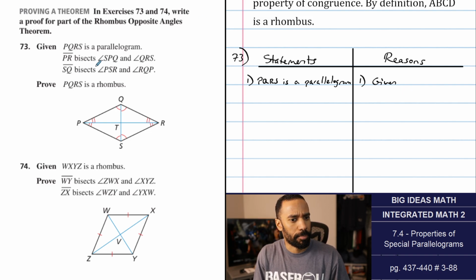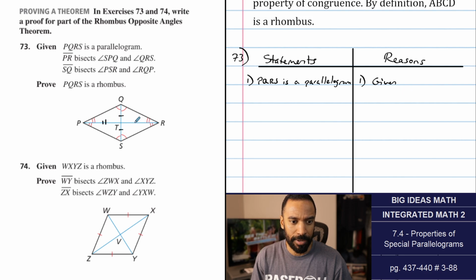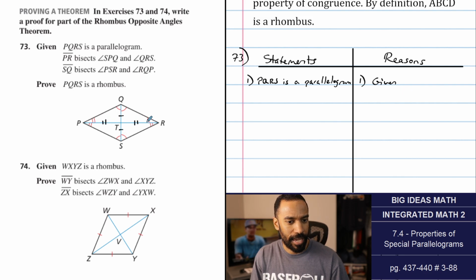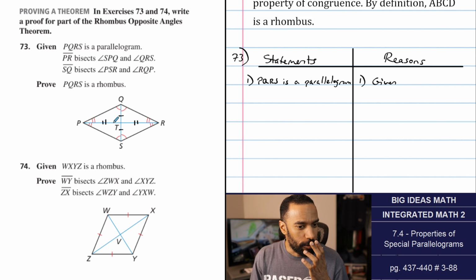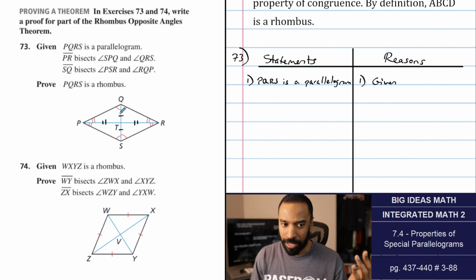Let me start planning out a proof because they have the bisectors, therefore we're going to say that angles are congruent. I can do the diagonals bisect each other. I can do this part of a parallelogram. I'm going to have a lot for a case of prove it's a rhombus. Yeah, I can do a lot for triangle congruence here. I can use angle, side, angle. I can use angle, angle, side.